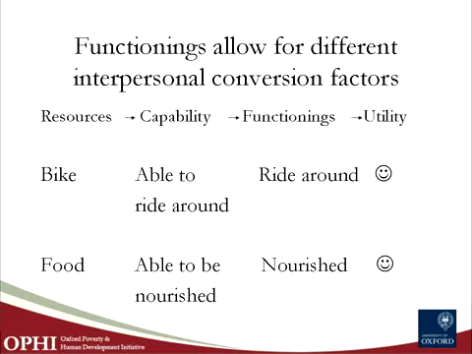To give the other example, and this is the one Sen uses most of all, it's food. So each of us has the same kilo of rice to eat. But one person is pregnant, one person is very old, one person is very young, and one person is a day laborer. And one person has a very high metabolism.